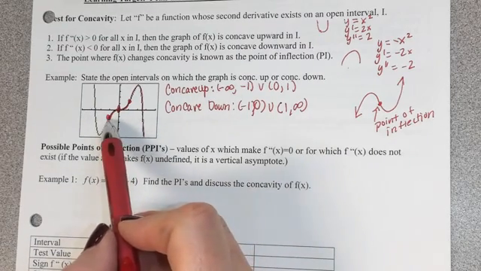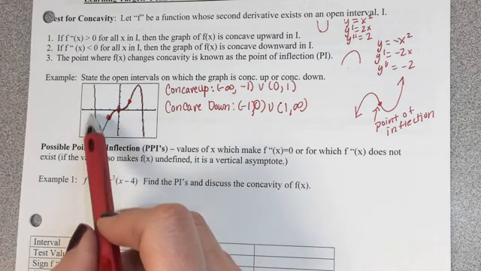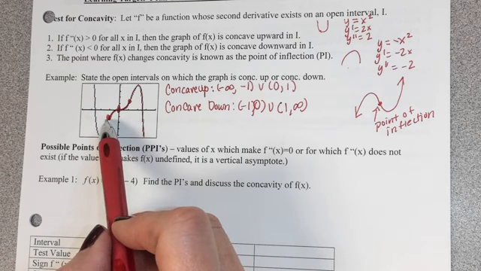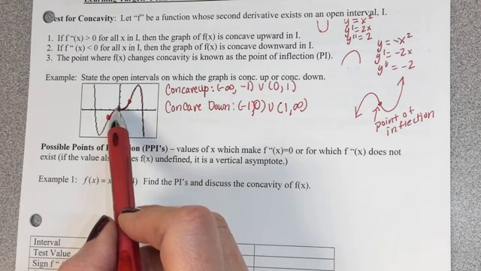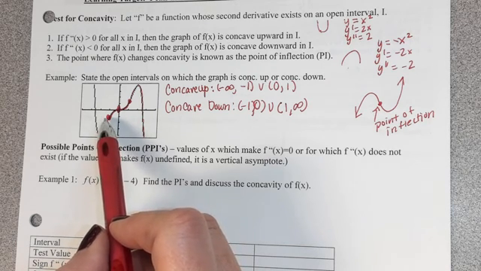If they're points of inflection, what do you think the second derivative would have to equal at a point of inflection? 0, right, Chad? That's because if it goes from being positive on the second derivative to negative on the second derivative, at that point of inflection it would have to be just 0.